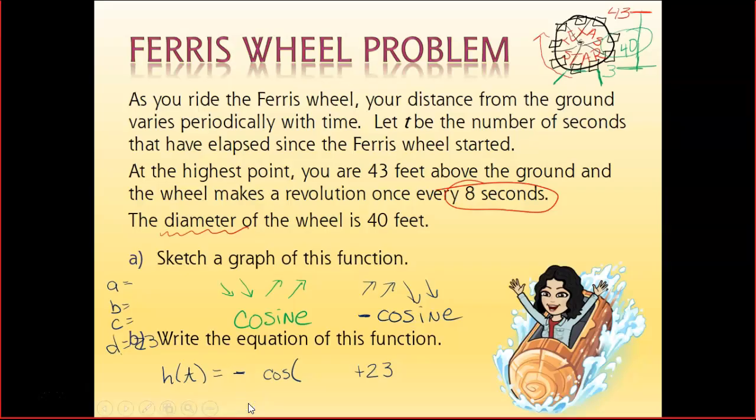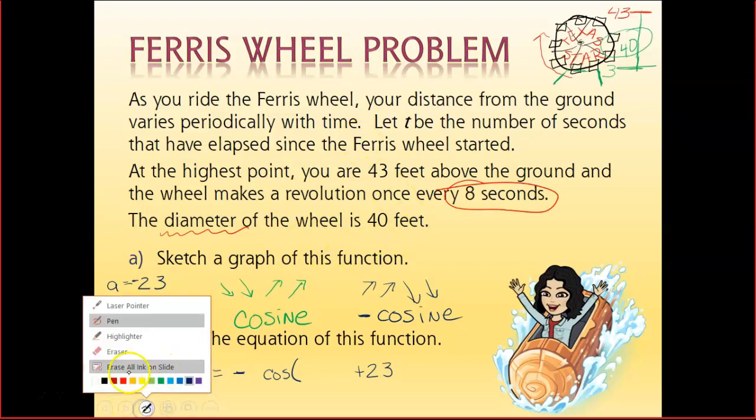So that means my A value right here is 23. And since we flipped it over, I'm actually going to put a negative with that 23. Oh, look at me being snazzy. All right, now B represents the period of the function. That means we need to know how long it takes to go the whole thing.